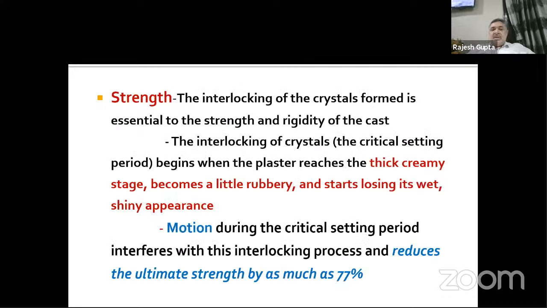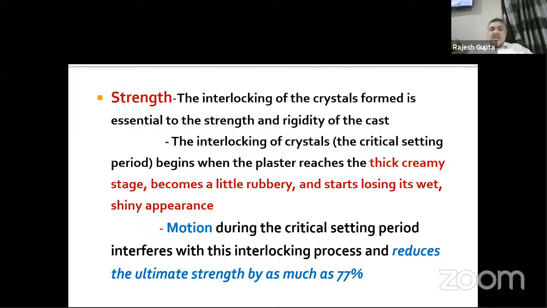Now, strength of the cast: the interlocking of the crystals formed is essential to the strength and rigidity of the cast. The interlocking of the crystals, also known as the critical setting period, begins when the plaster reaches the thick creamy stage, becomes thick and rubbery, and starts losing its wet shiny appearance. Motion during the critical setting period interferes with this interlocking process and reduces the ultimate strength by as much as 77%.